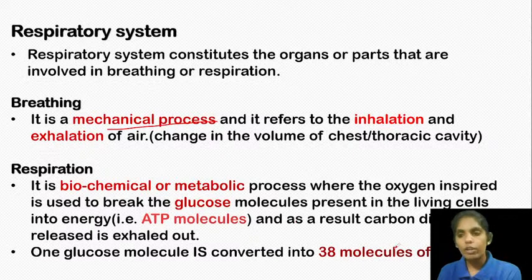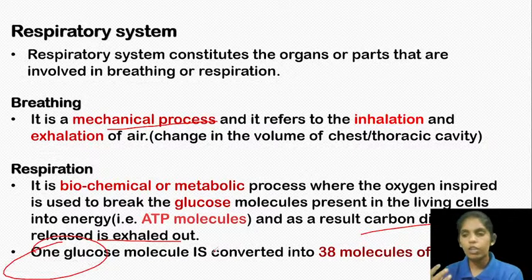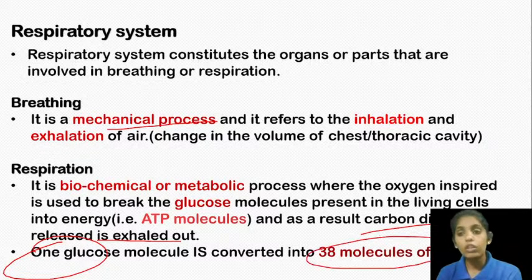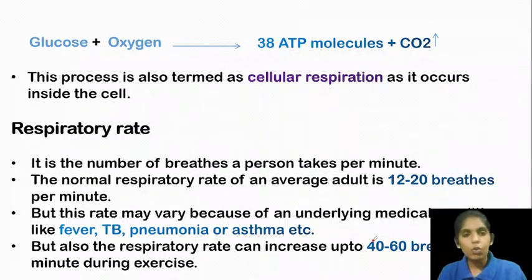And the carbon dioxide, which is produced as a result of this chemical reaction, is exhaled out. For one glucose molecule in the presence of oxygen, it will produce around 38 molecules of ATP. For all the physiological functions to happen in our body, it requires energy, and this energy can be formed only in the presence of oxygen.